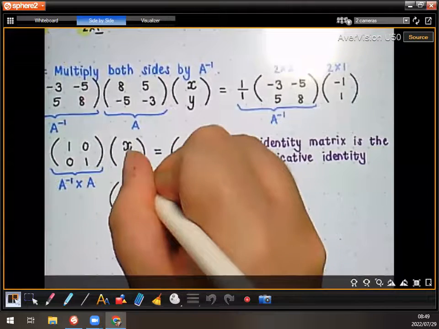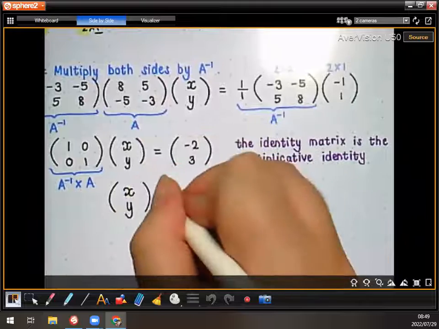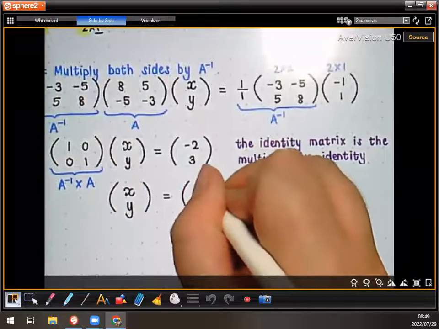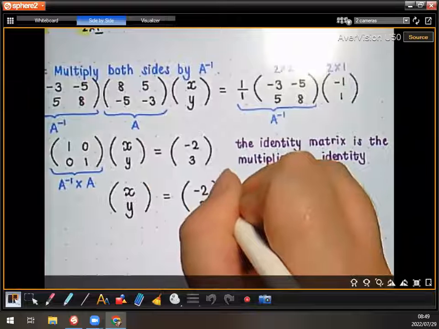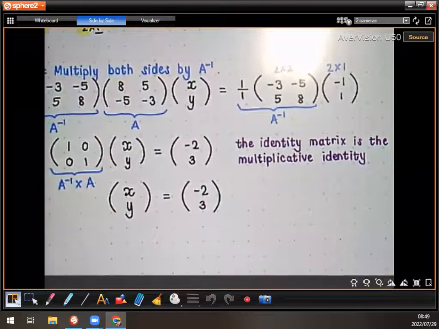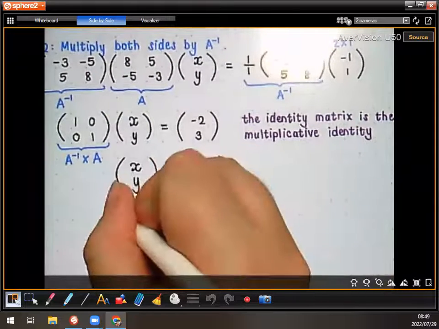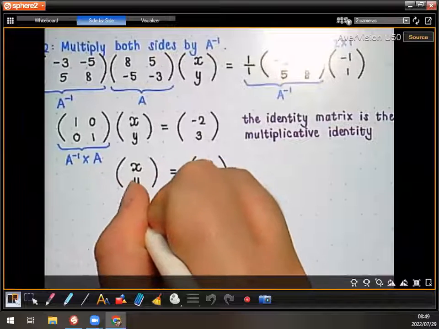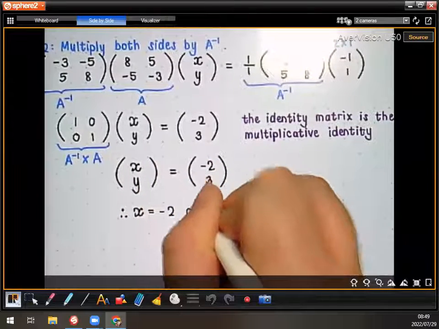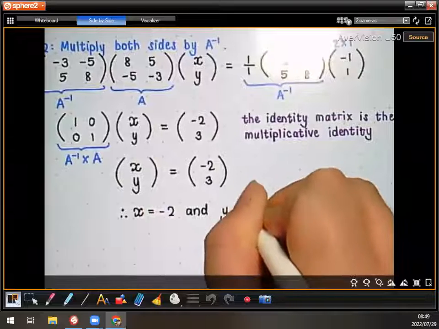So that leaves me with y. So that is leaving us with this: x, y is negative 2, 3. So x is negative 2, and y is 3.